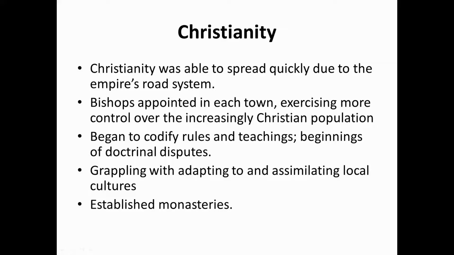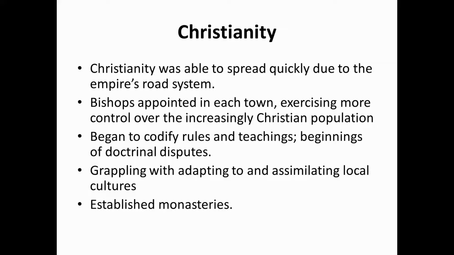Christianity was able to spread quickly, mostly due to the empire's road system. People could travel easily. Missionaries could go out and proselytize very easily. A system was begun where bishops were set up in various towns, and they sort of became, maybe not de facto rulers of these areas, but they had a lot of control over the increasingly Christian population in the towns.